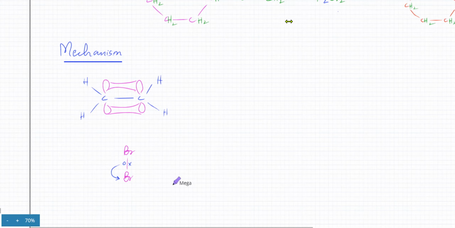Yes. So because of the large number of electrons here, these electrons get repelled, and that polarizes the molecule. This bromine molecule becomes positively charged. This one gets a partial negative charge, and the positive bromine would then start attracting these pi electron clouds.